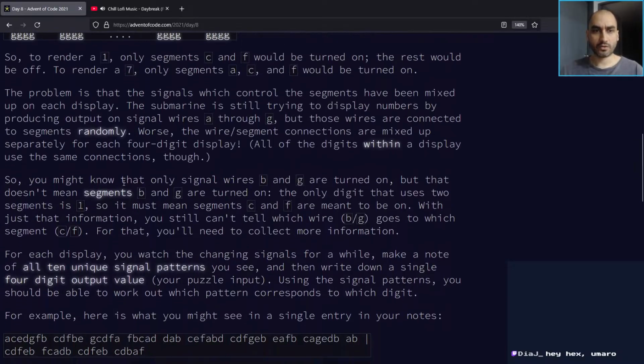So you might know that only signal wires B and G are turned on, but that doesn't mean segments B and G are turned on. The only digit that uses 2 segments is 1. So it must mean segments C and F are meant to be on.